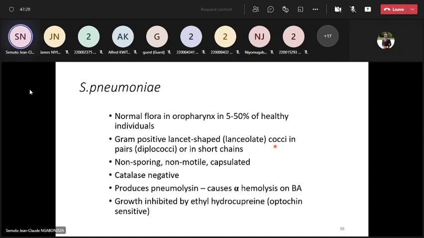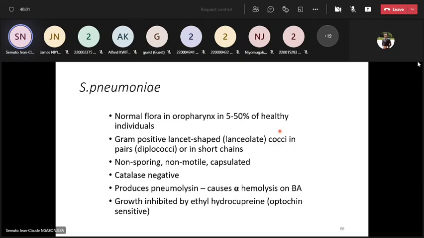Another streptococcus of interest is Streptococcus pneumoniae, which is normal flora in the oropharynx of up to 50% of healthy individuals. So 50% is a lot, meaning many people just have this in their oropharynx as normal flora.